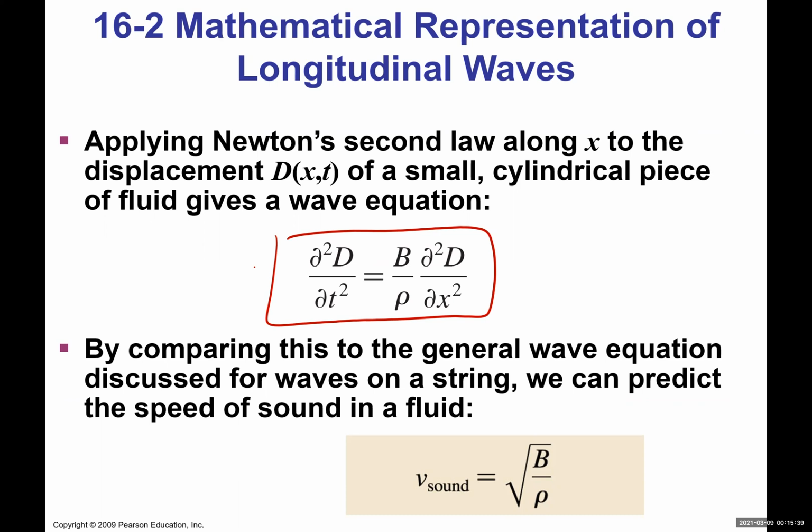So this is just in terms of the bulk modulus, and rho is the density. Comparing this to the general wave equation for the string that I derived in the previous chapter, we can then rearrange and find the speed of sound equation in terms of bulk modulus and density.